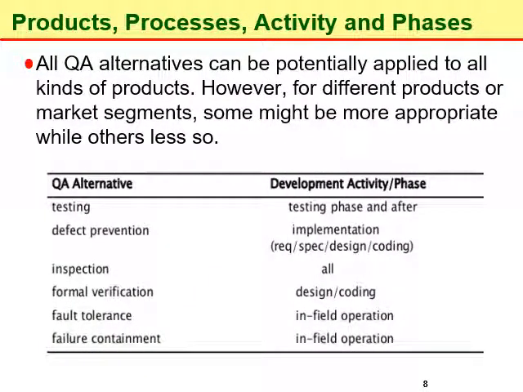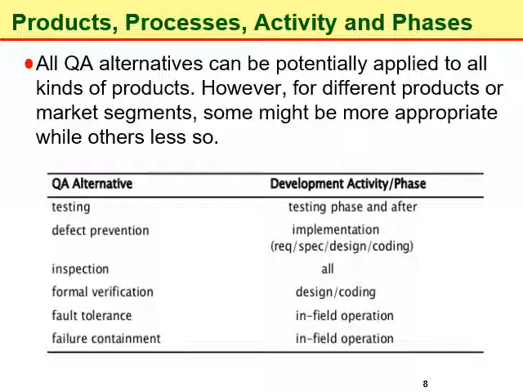All quality assurance alternatives can be potentially applied to all kinds of products. However, for different products or market segments, some might be more important while others are less so. For example, fault tolerance and failure containment are appropriate for market segments where high dependability and safety are major concerns, while they may be too costly for some low cost entertainment software.